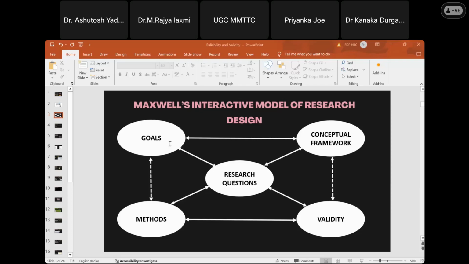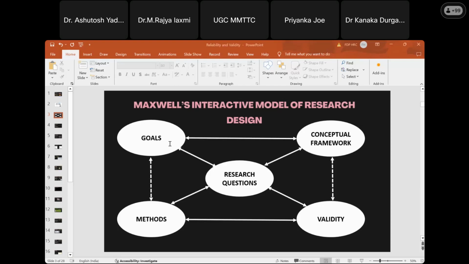So what does this model do differently? Rather than treating these elements as separate entities, Maxwell emphasizes their interconnectedness and the need for continual dialogue and reflection throughout the research journey. Imagine research as a vibrant conversation. We start with our research questions, which guide our explorations and shape the methods we choose to employ.